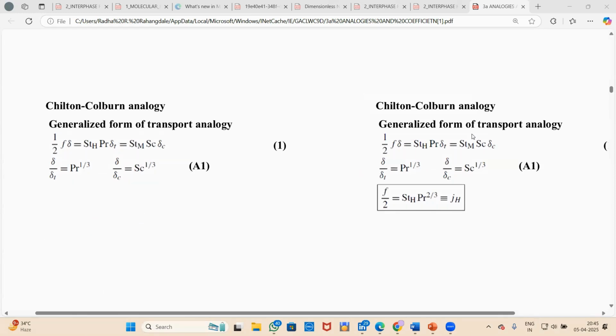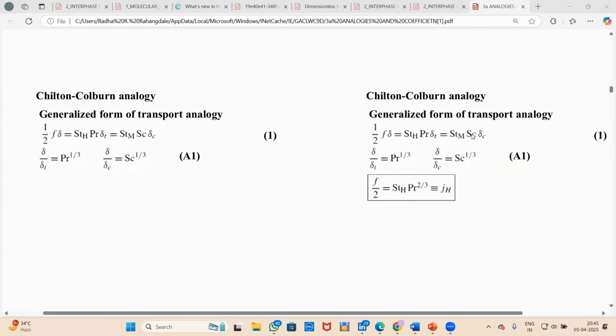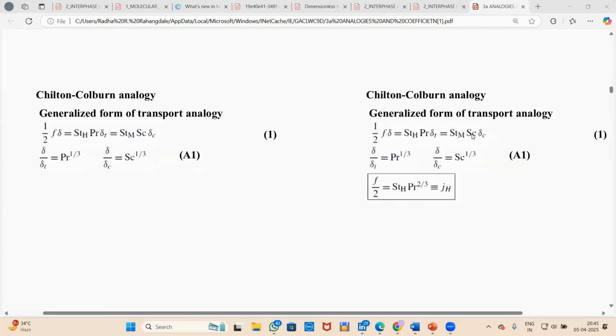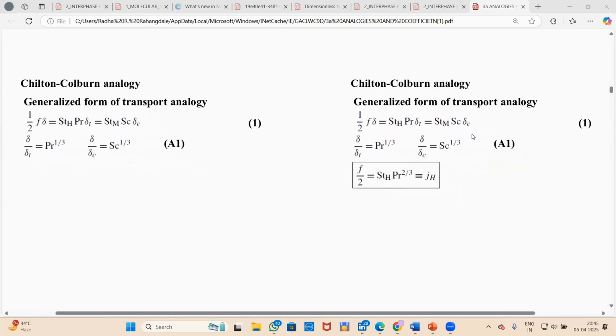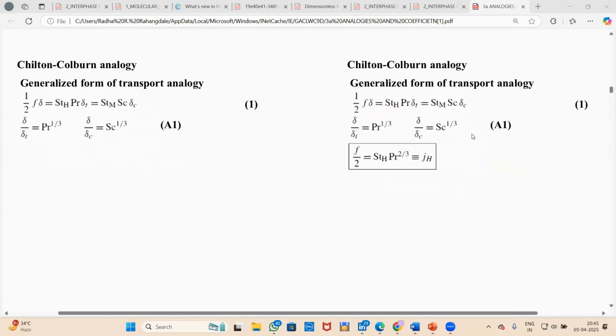And also δ by δ_C is equal to Schmidt number to the power 1/3. And then we get f/2 = Stanton number for heat transfer × Prandtl number to the power 2/3 = J_H.